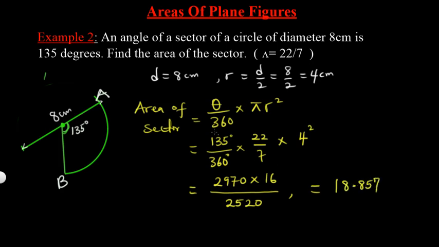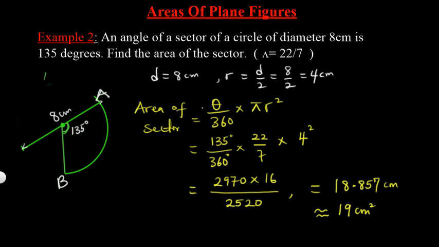You can confirm that with your calculator. That's the area of sector. And here we can approximate this to a whole number. Sometimes a question may ask us to do that. So to 19 centimeters squared. Remember, area is always in square units.